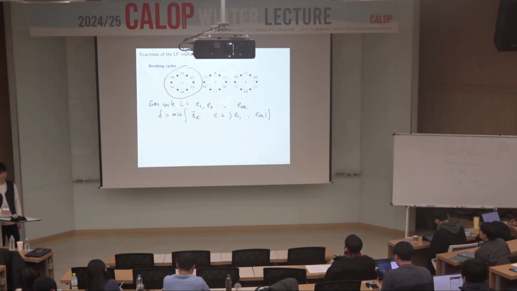I take the minimum value of this x coordinate over the edges of the cycle.